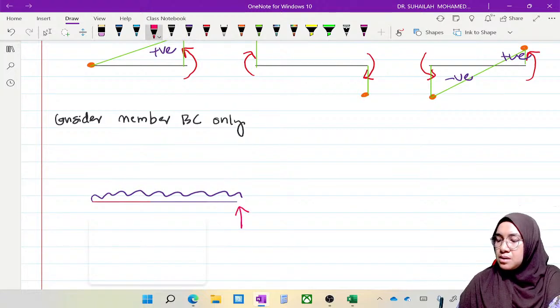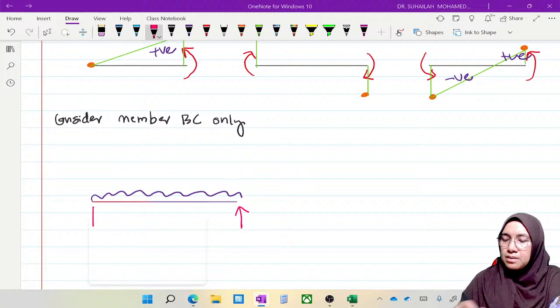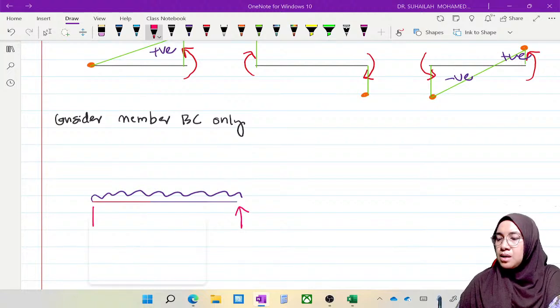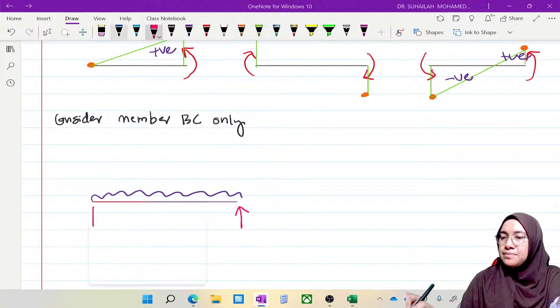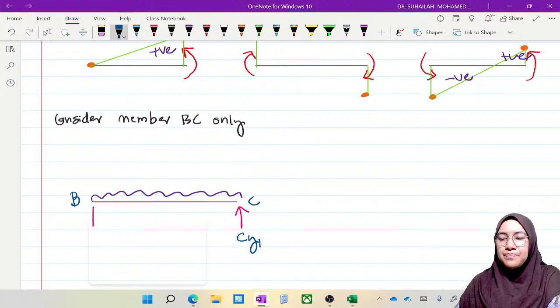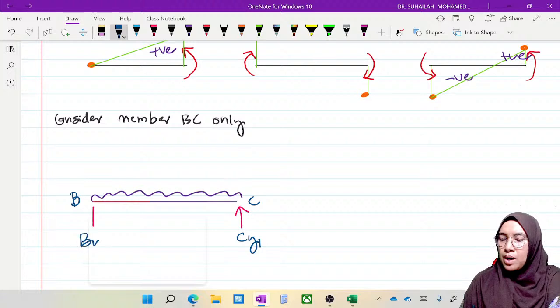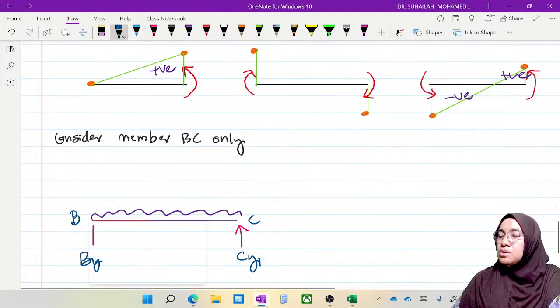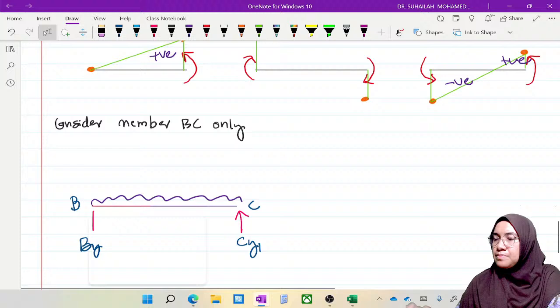Okay, this is B and C. So this is CY1 actually, and BY2. The loading is 30, right?